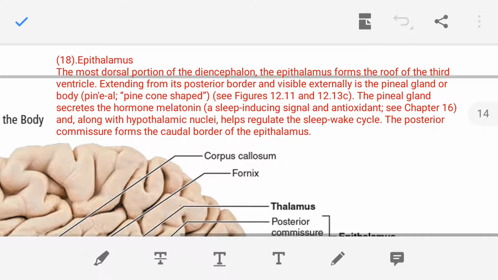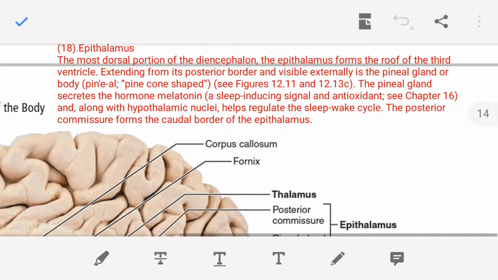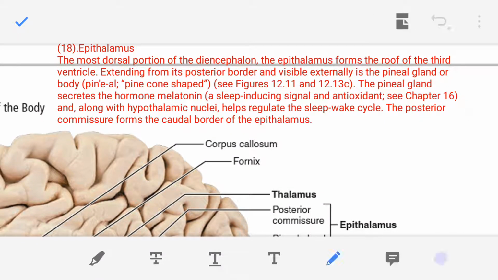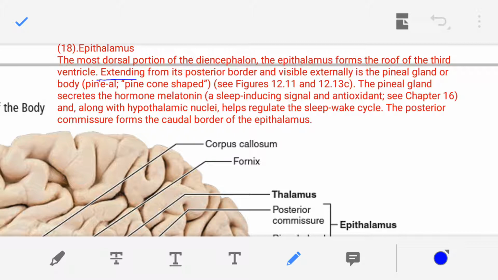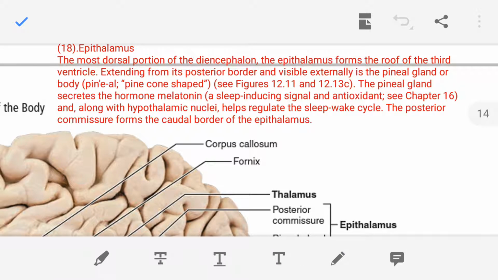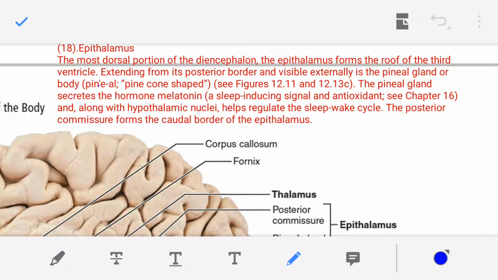Then where exactly is it located, the location of the epithalamus? So extending from its posterior border and visible externally is the pineal gland. Okay, so the pineal gland is visible in the epithalamus, extending from the posterior border of the epithalamus.